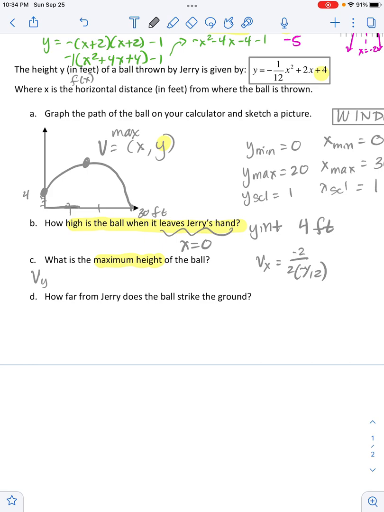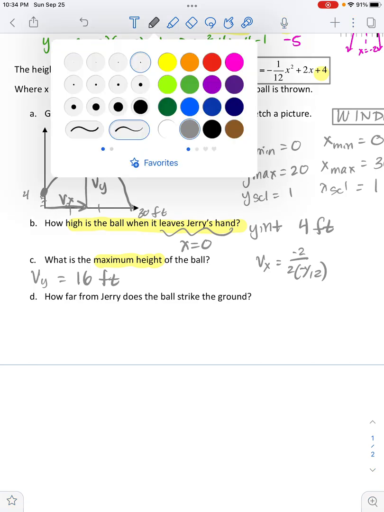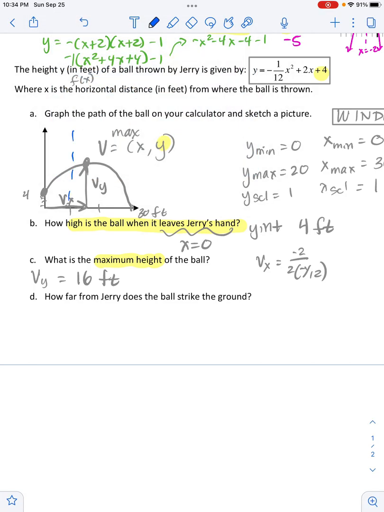It didn't ask you how far forward it was when it reached max height. It asked you what the max height is. So if you do that properly, you should get 16, and everything in this graph is measured in feet. Practice it. Know how to do left bound, right bound, and have it find your max for you.